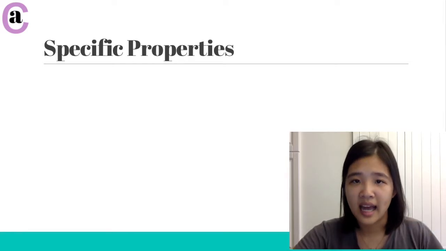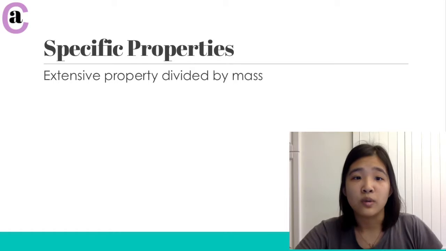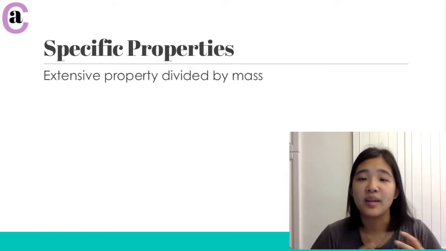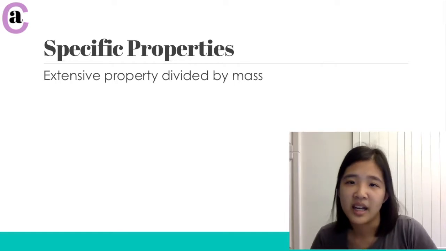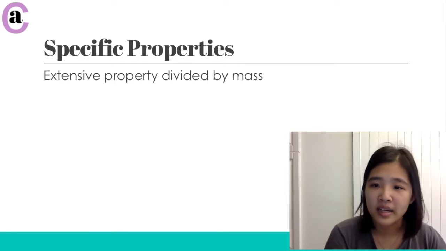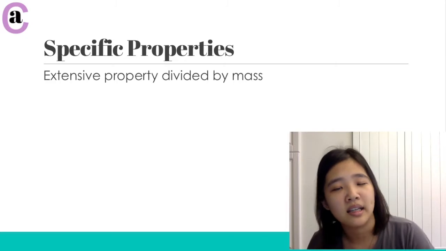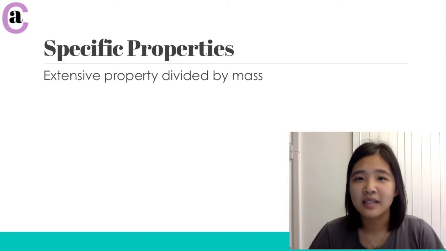So the next category is specific properties. Specific properties are an extensive property divided by the mass. Now, you might say, well, an extensive property is extensive, and mass is also extensive, so specific properties are intensive, right?